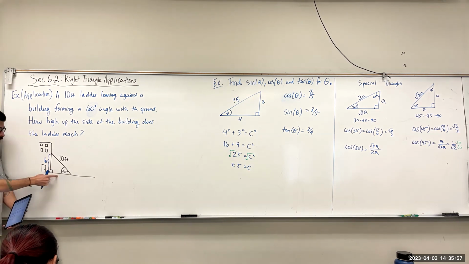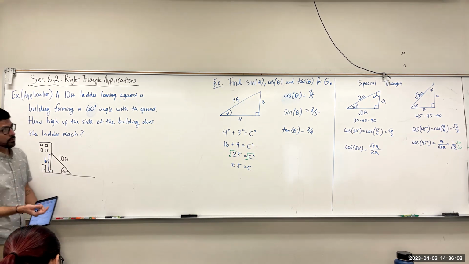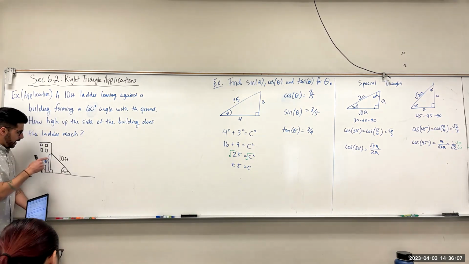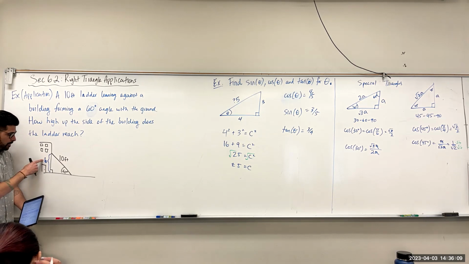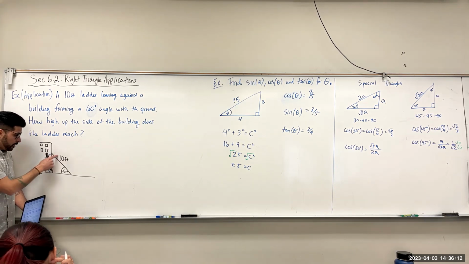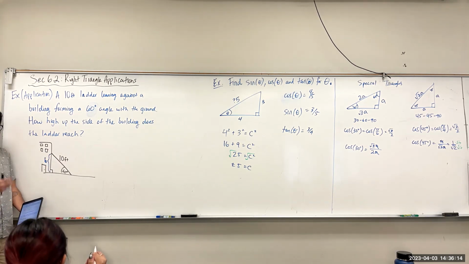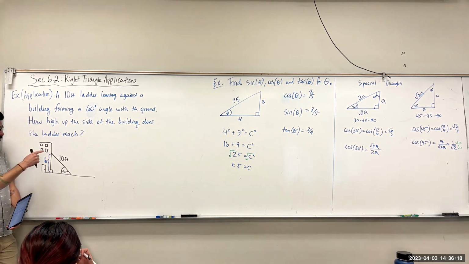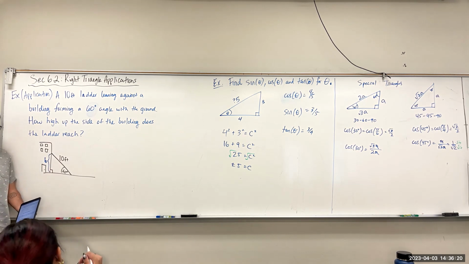If I knew this other side, I could use the Pythagorean theorem, but I don't, so I need to use trig. Now I have this side that I don't know, this hypotenuse, and this angle. Which trig function corresponds to this side, this side, and this angle?